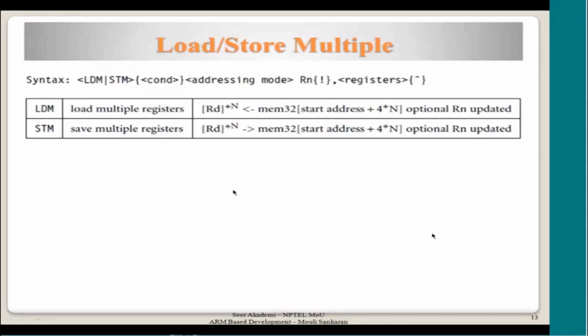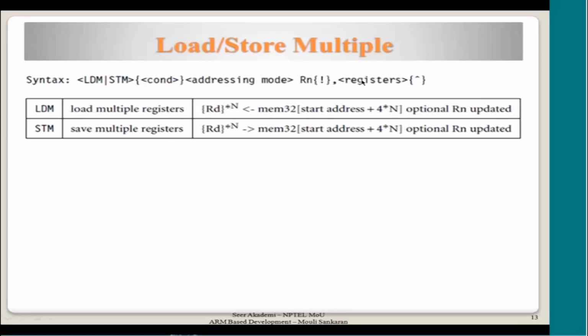Now let us see what the format is. LDM, STM, conditional code, addressing mode, which addressing mode you are using for accessing it, and then Rn, which is a base register on which you are working on the addressing mode, and then this is something new.